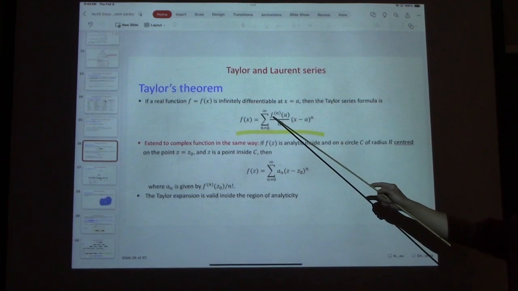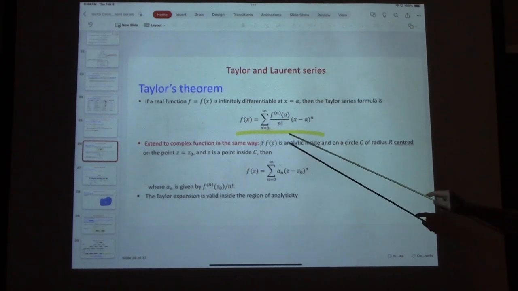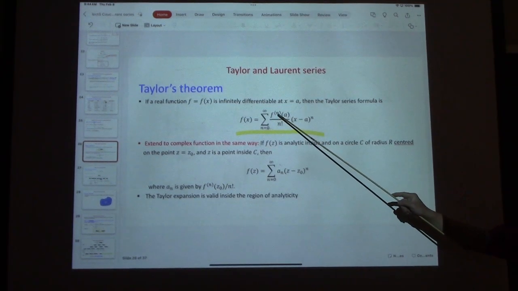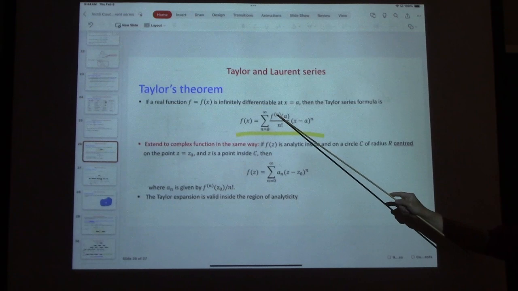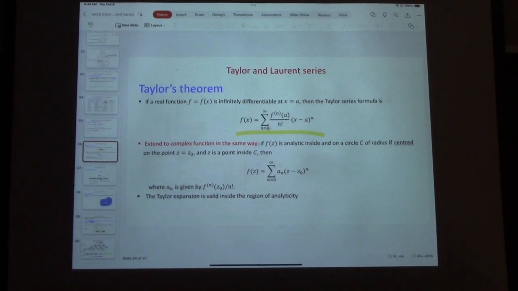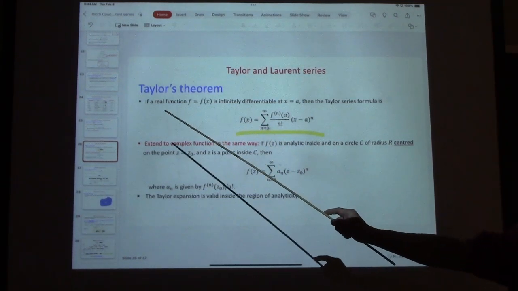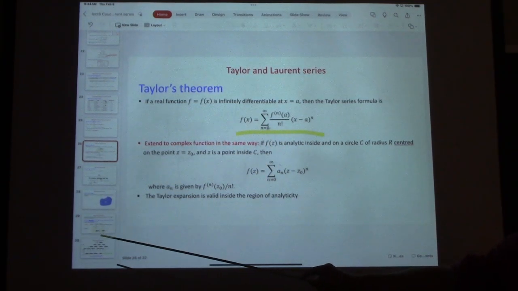And it turns out the coefficient in front of each term exactly is related to the nth order derivative of the function at that point, but then you divide by n factorial. You can prove that pretty easily.